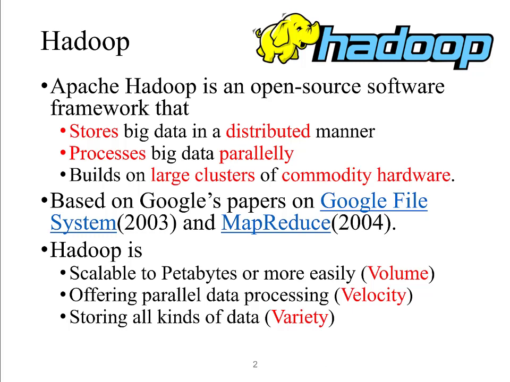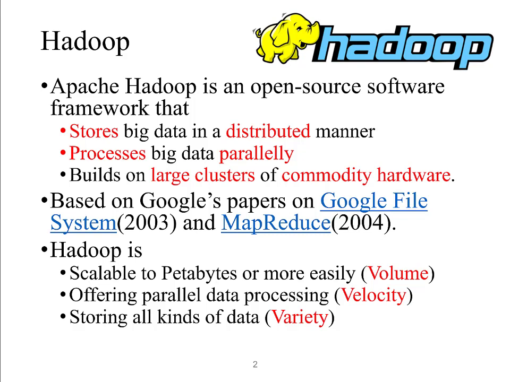So let's start from what is Hadoop. Hadoop is an open source software framework. It's a framework that stores big data in a distributed manner, processes big data parallelly, and builds on large clusters of commodity hardware.